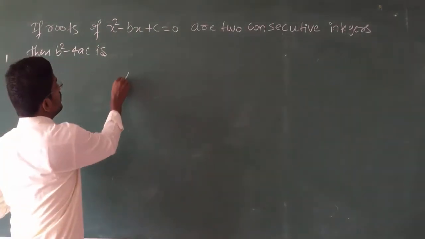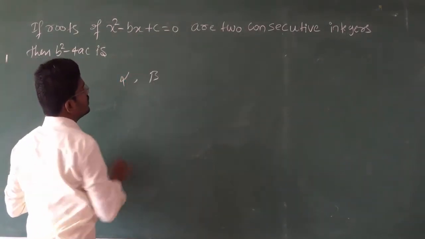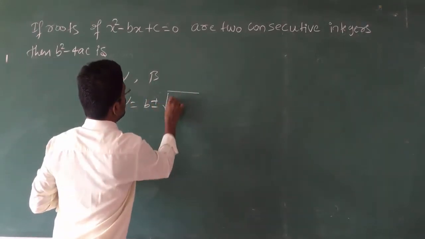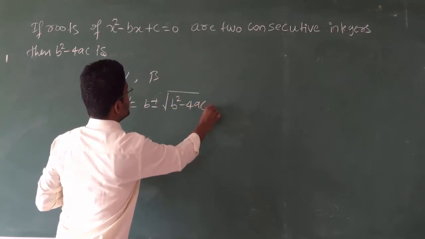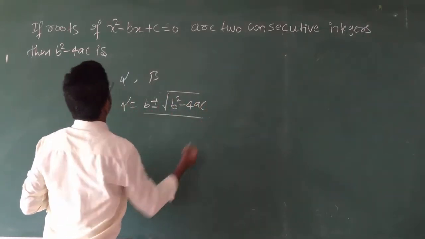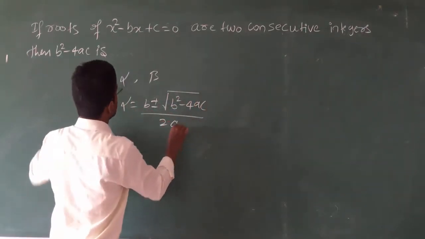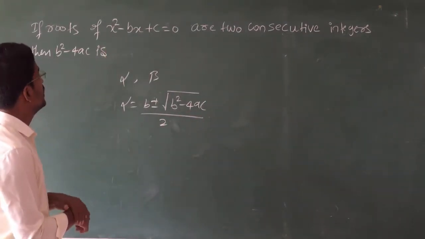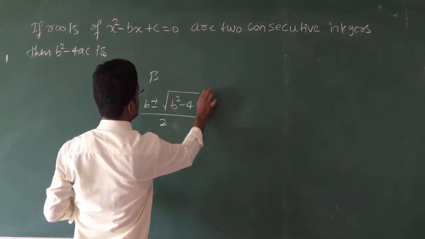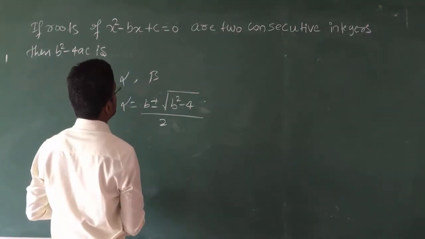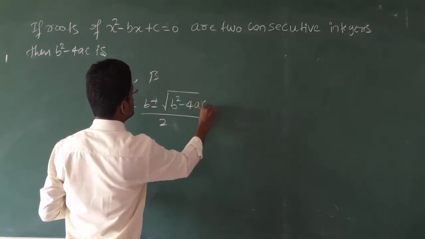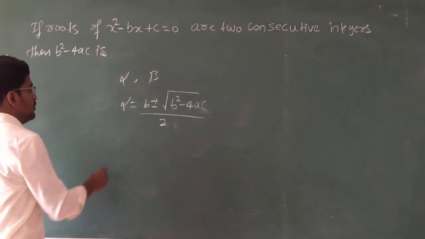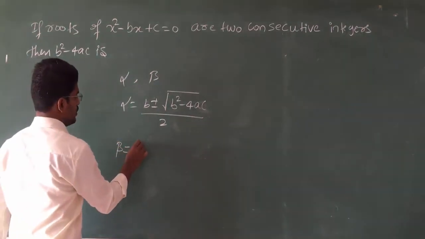So what shall I do? Let alpha, beta be the two roots. I will take alpha equal to b plus square root of b square minus 4ac, divided by 2a. Here the a value is 1, so it will be 2. Now beta will be equal to b minus square root of b square minus 4ac divided by 2.